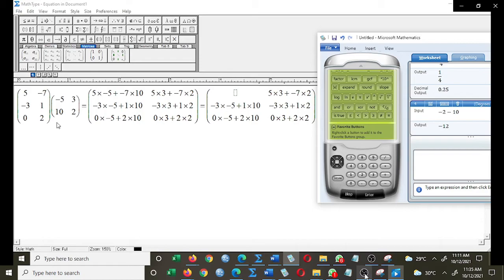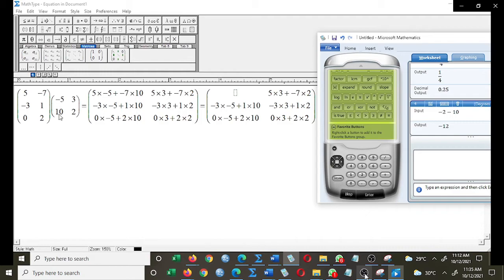Do you understand? 0 is what element in that row? The first element in the first row. So we multiply by negative 5, which is the first element in the column. 2 is the second element in the row, so we multiply it by 10, the second element in the column.